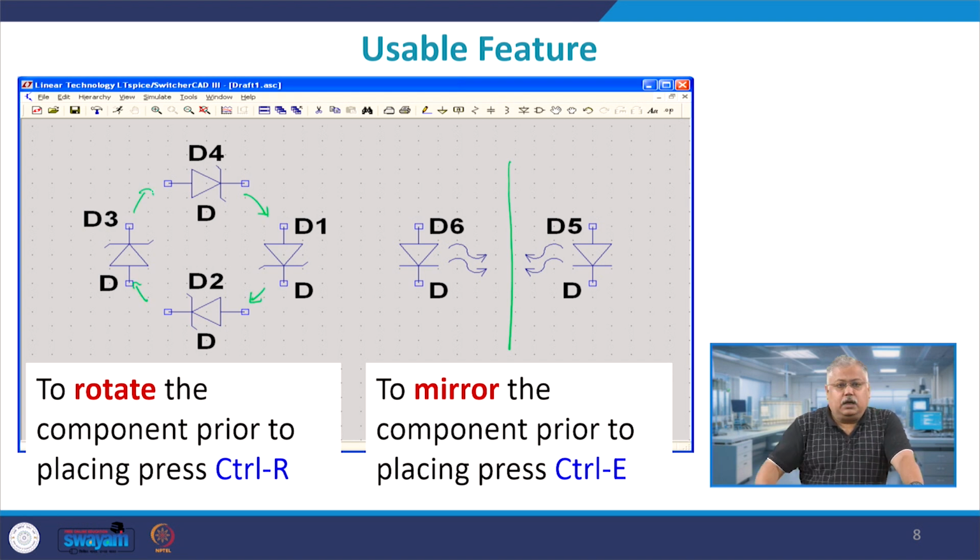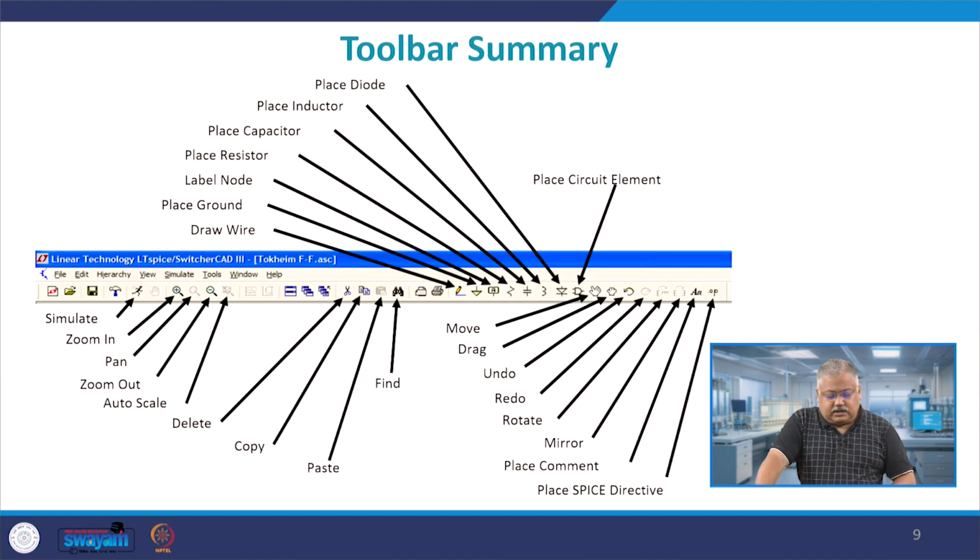Depending upon how you rotate it, the active component will behave in that manner. Rotating or mirroring does not change anything in your model file; they still remain the same. And as you use LTSpice more and more, you will see more and more usability appearing in front of you. Let us look at the toolbar summary now.